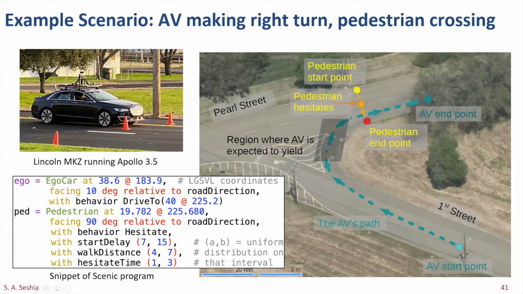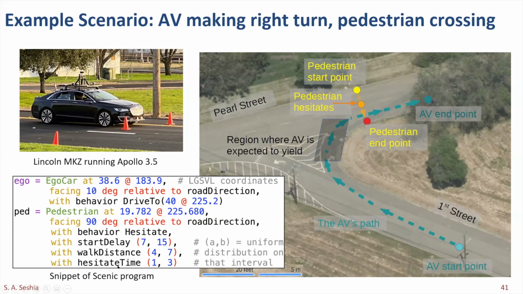The pedestrian starts at the yellow dot, moves at a certain velocity, which is limited by the pedestrian dummy, to some point which is chosen at random. So this is the walk distance, chosen uniformly between 4 and 7 meters. The dummy starts moving anytime between 5 and 15 seconds after the car starts moving.